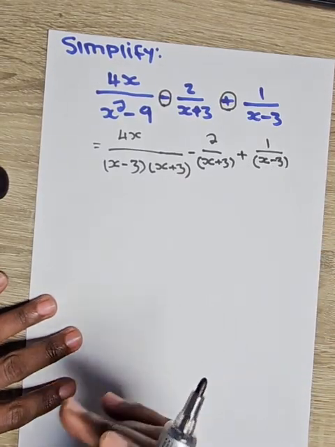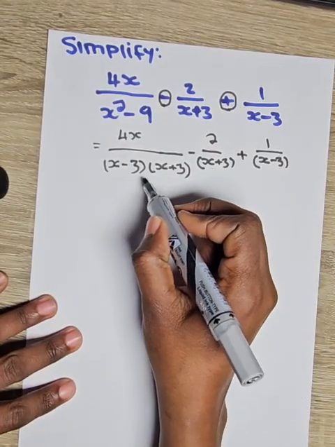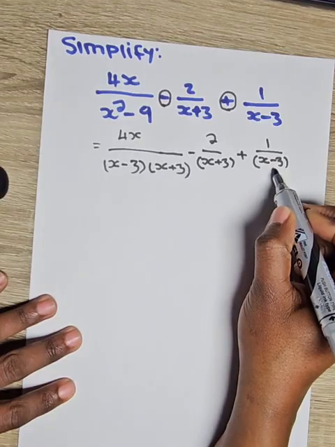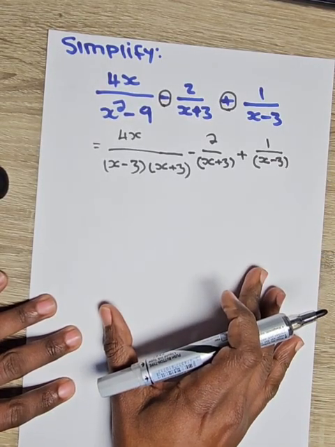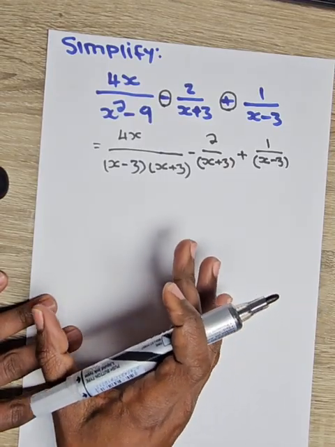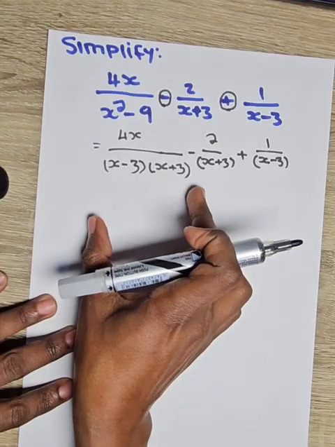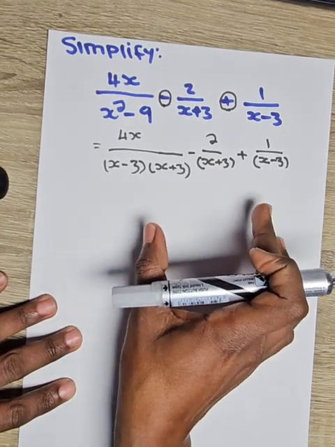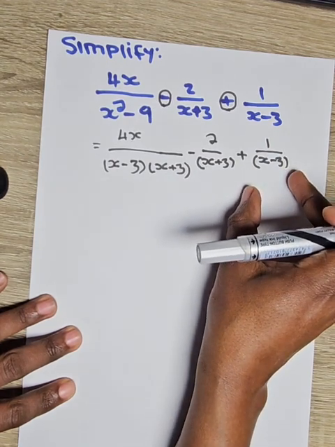We therefore need here x minus 3 and here x plus 3 in order to make the denominators the same, because the first fraction has x minus 3 and x plus 3. So what we want to change is the second fraction and the last fraction.